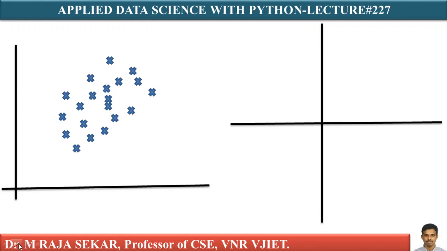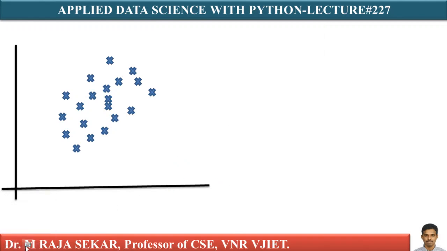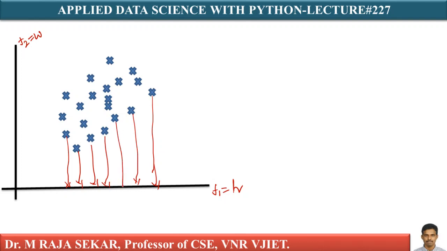This is my feature 1, heights, and my feature 2 is weights. As I told you, I must keep on projecting points. If I keep on projecting, I will get some mean height and mean weight.